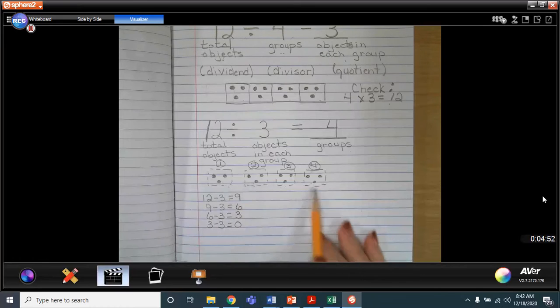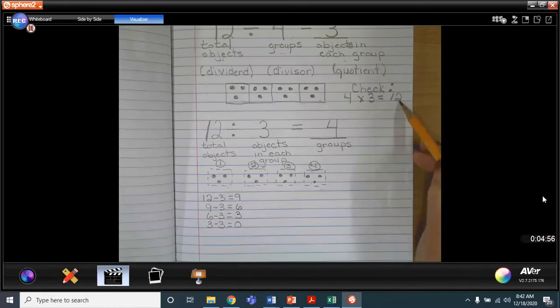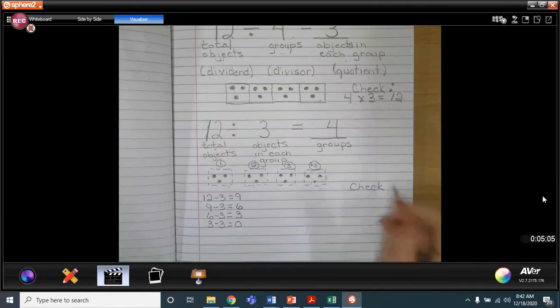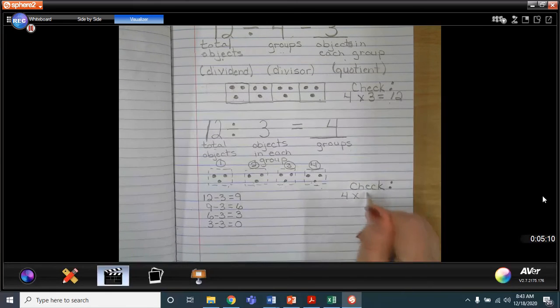There's 3 objects in each group, and we get 12 because we started with 12 with our answer. So we can check. Okay, so 4 times 3. Again, these are my groups. These are the number in each group, and this is going to be my total.